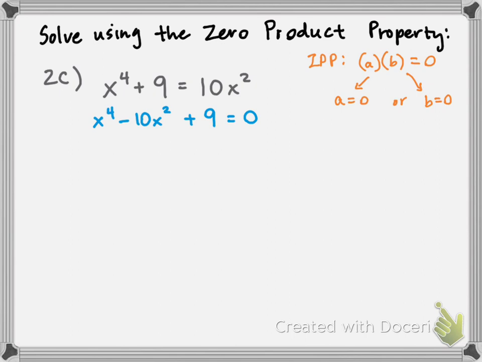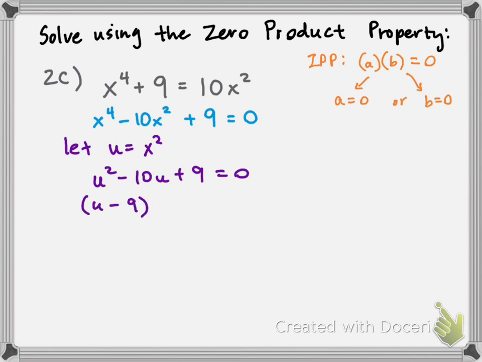Now from here, we want to let u. I don't like x squared and x to the fourth, so I'm going to let u equal x squared. When I do that, I then have u squared minus 10u plus 9 equals 0. And I can factor that by saying, okay, what multiplies to positive 9 that adds to negative 10? Well, isn't that negative 9 and negative 1?